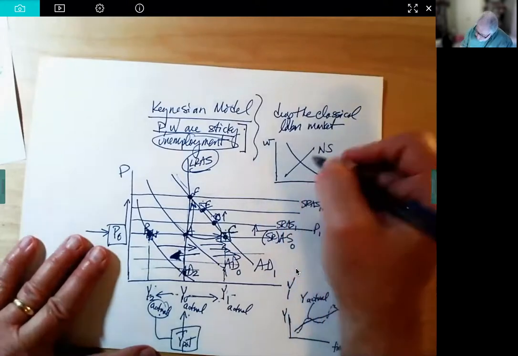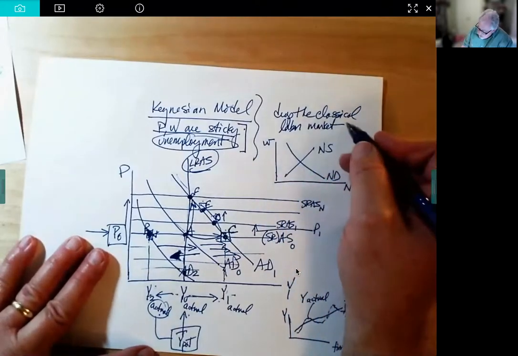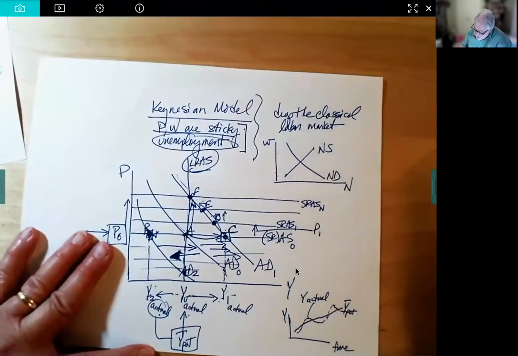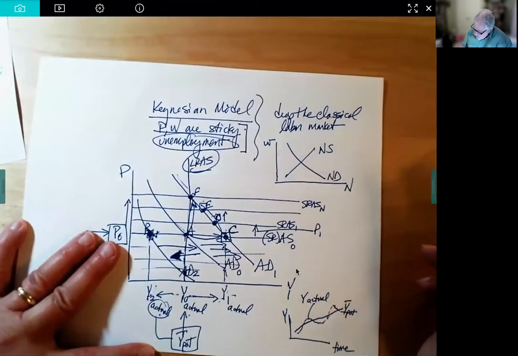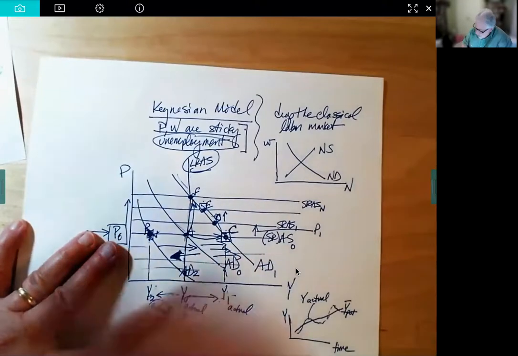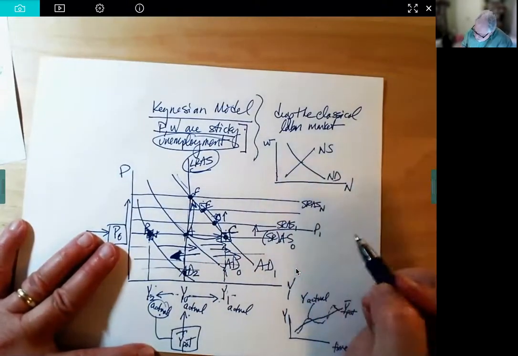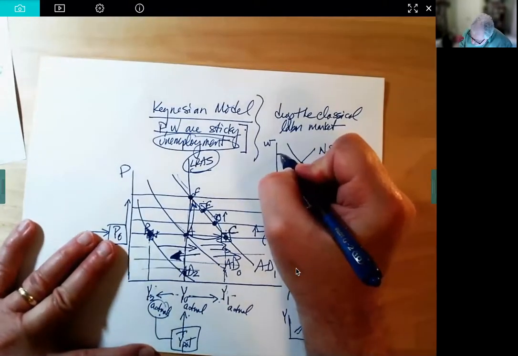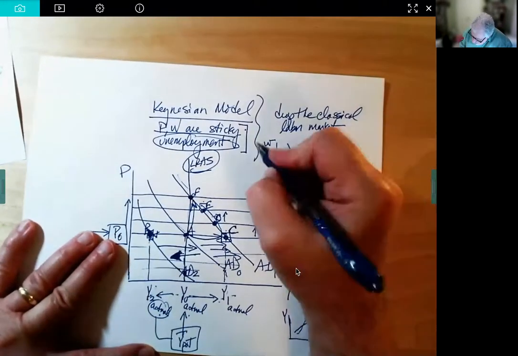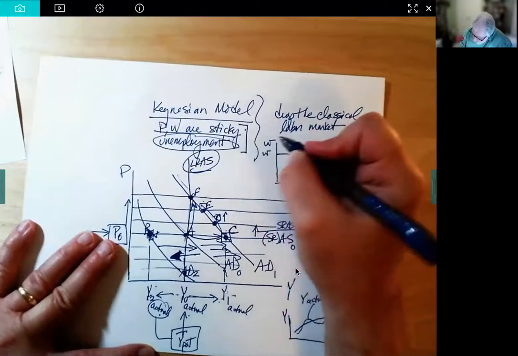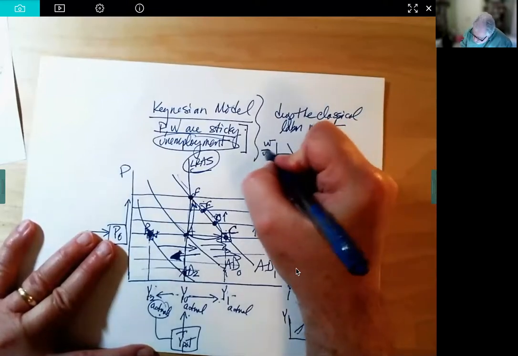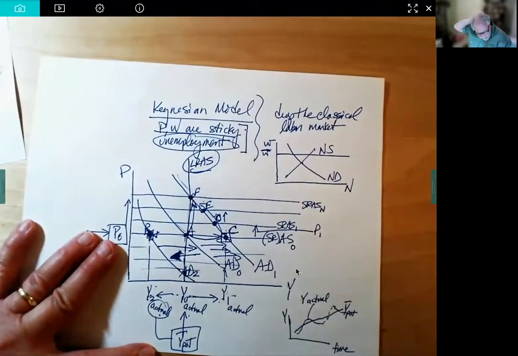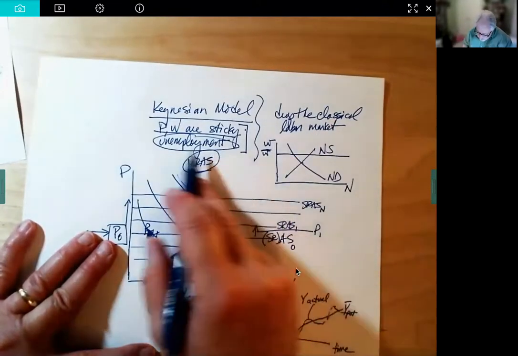But in the classical model, in the model of the labor market in the classical model, the idea would be that we'd quickly move to equilibrium in the labor market. But in the Keynesian model, the assumption is that the real wage is sticky, it does not adjust quickly, right?